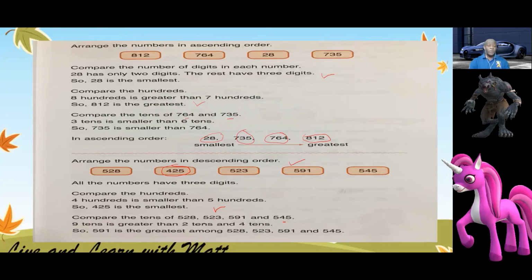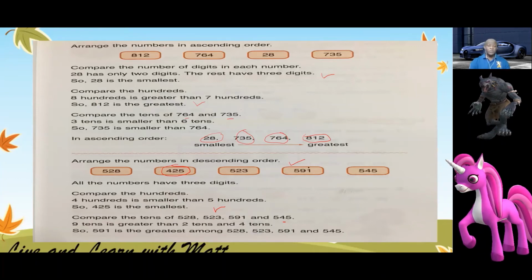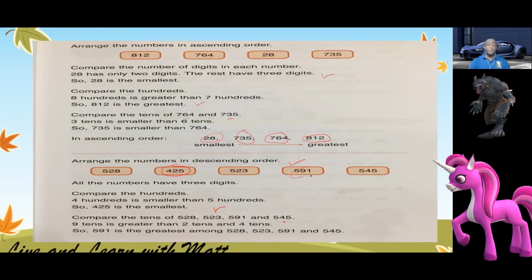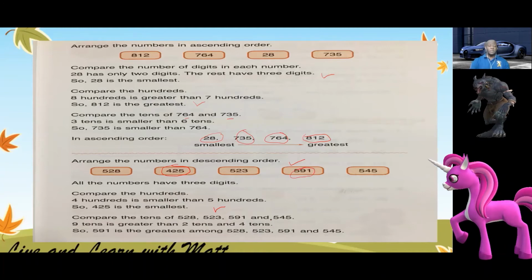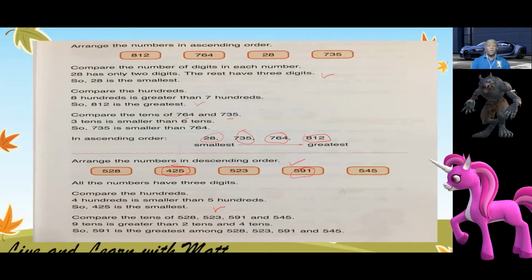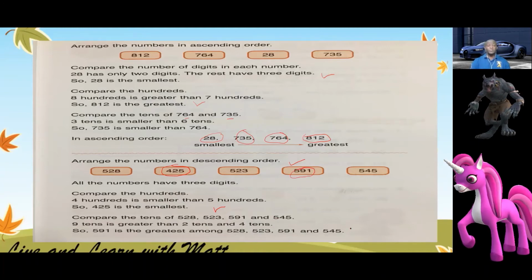So 591, this number right here, is the greatest among the other 4 numbers. So we'll write that.